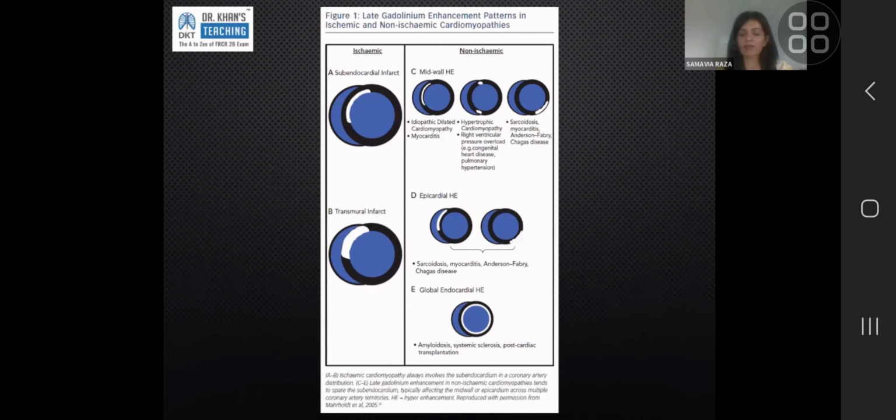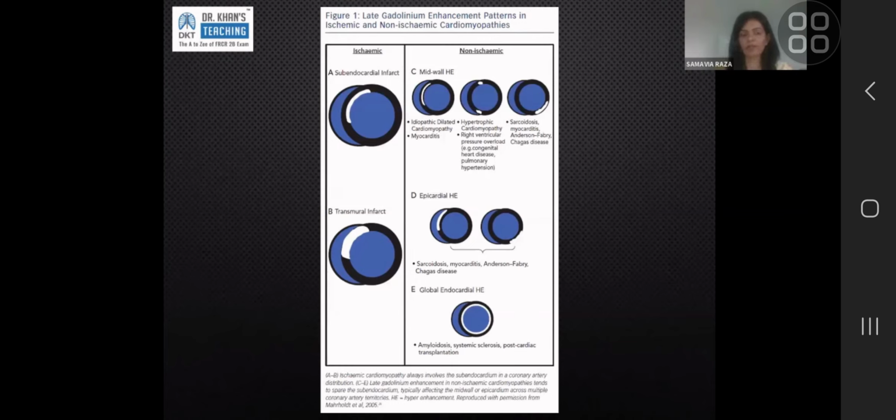It is a very rare appearance. It is seen in amyloidosis and systemic sclerosis. One thing worth noting is that in post-cardiac transplantation, it is seen for mechanisms not well understood, and it is almost expected in those patients. So those are the few cardiomyopathies you can think of if you see a certain distribution.